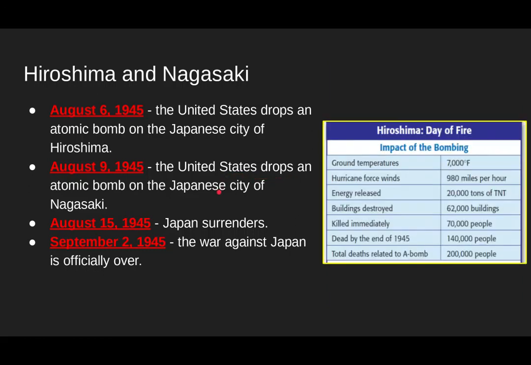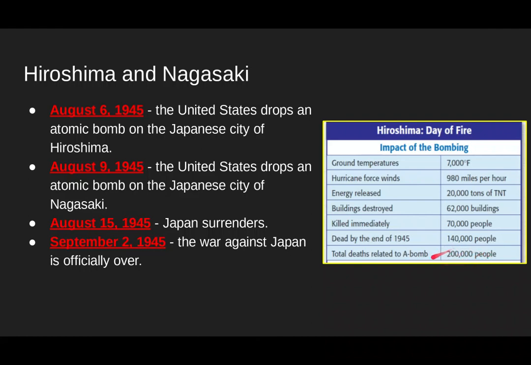You can see here, just to give you a sense of what kind of destruction these weapons can create, some of the stats on the city of Hiroshima: the ground temperatures as a result of the bomb, the hurricane force winds created by the bomb, the amount of energy released, the number of buildings destroyed, the number of people killed instantly, the number of people who died by the end of 1945 due to the lingering effects of radiation, and then the total number of dead due to this bomb.